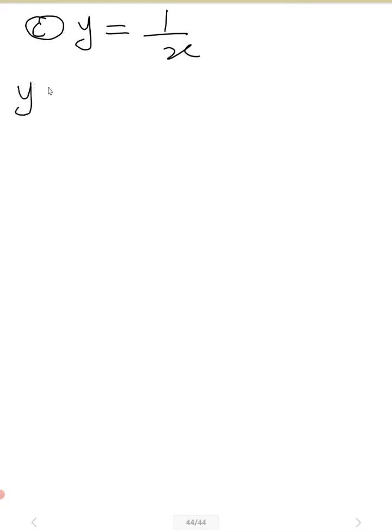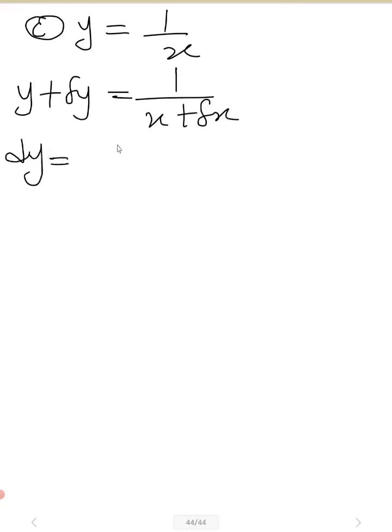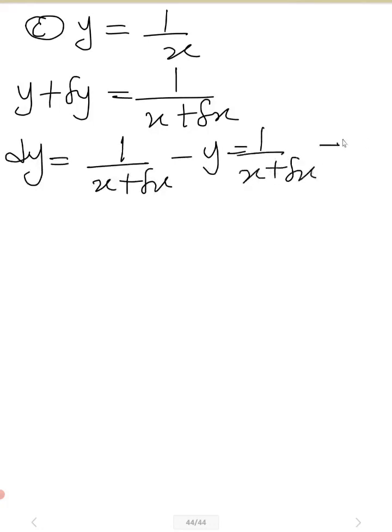Means y plus change in y is equal to 1 over x plus change in x. So change in y is equal to 1 over x plus change in x minus y, which is 1 over x plus change in x minus 1 over x. So here, what is the LCM? x plus change in x onto x.